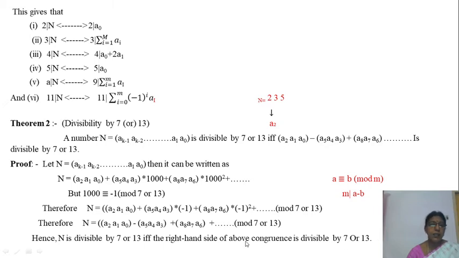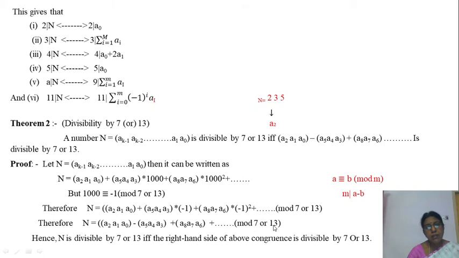What does it mean? n is congruent to this number mod 7, so n minus this number is divisible by 7. If this bunch is divisible by 7, then n minus this one is divisible by 7. That's why if the terms in the RHS are divisible by 7, then n is divisible by 7.